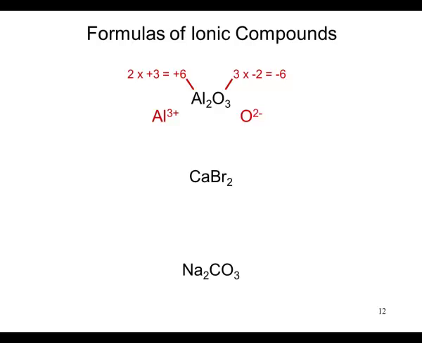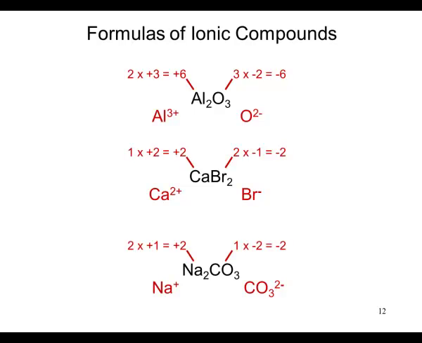For calcium bromide, calcium is 2+ and bromide is 1-. We need 2 bromides for the calcium. For sodium carbonate, this one's a little trickier. Carbonate is 2-, sodium is +1. We need 2 sodiums to balance out the 1 carbonate.